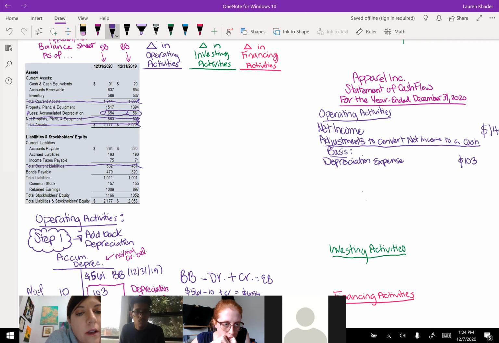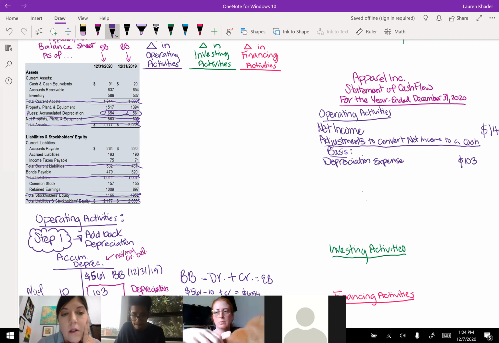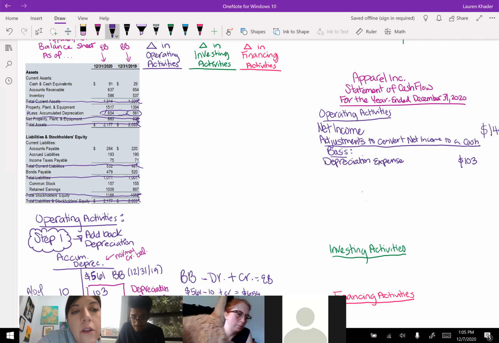Don't need total current liabilities. But we're going to go through all the current assets and all the current liabilities and calculate whether or not they increased or decreased year over year.